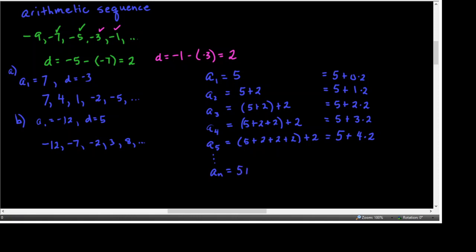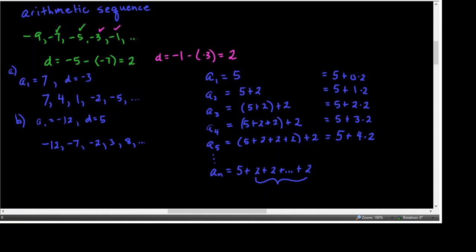And so what we're wanting to do for this a sub n is we're going to have 5 plus some number of 2's that are added together. And the question is, how many of them are there? Well, to get that answer, you might take a look at the number of the subscript. Let's say a sub 5, we added 4 2's. But for a sub 4, we added 3 2's. So what's the relationship between the subscript n and the number of 2's we add?